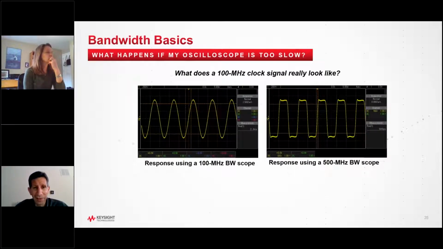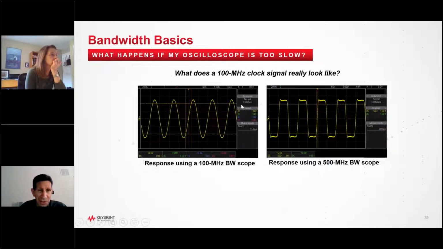So how do you know if your scope is too slow, or what are the effects of it? Using that same signal example, if you were looking at the 100 megahertz signal with a 100 megahertz scope, you would see a sine wave. But if you had a faster scope, with that rule of thumb 5x fifth harmonic, you can see that what you're really looking at is a square wave and not a sine wave.